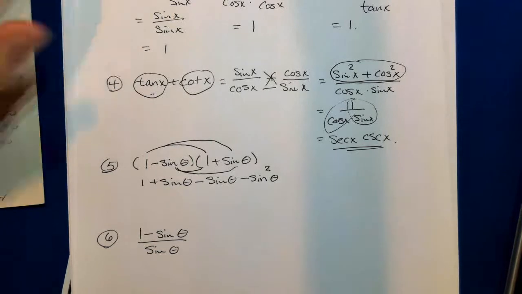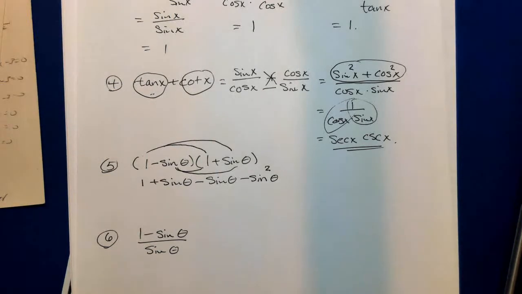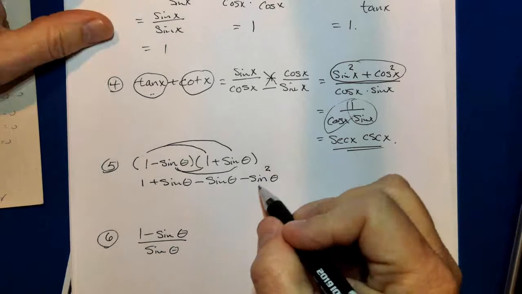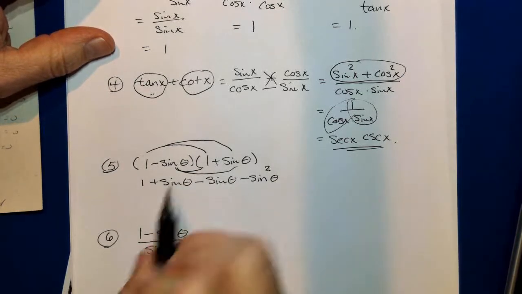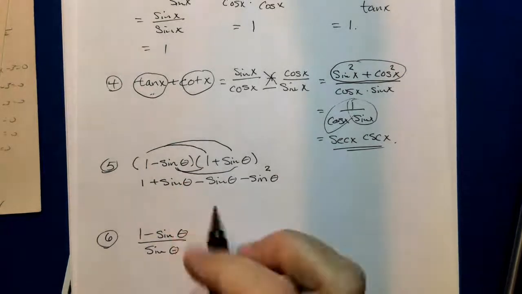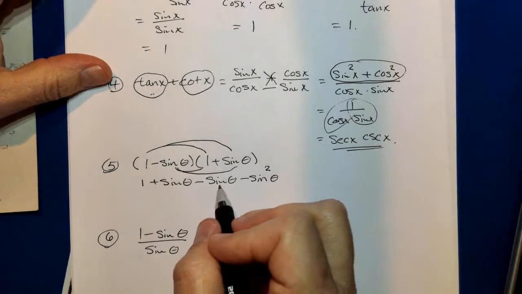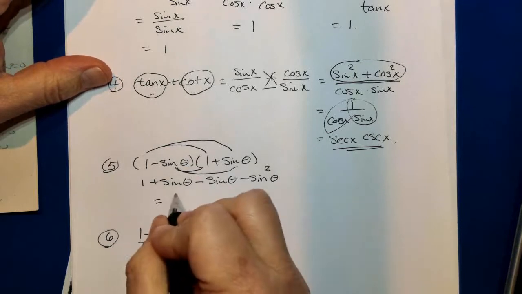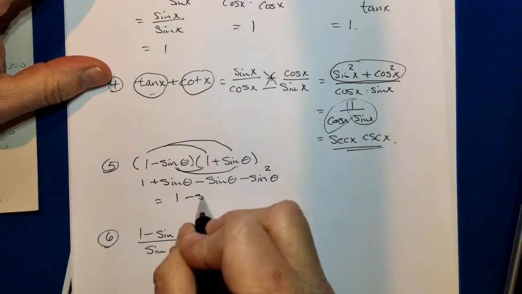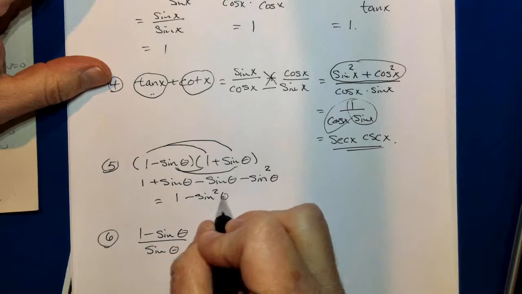Now notice, again, the squared goes where? It goes with the sine. Positive sine, negative sine, add them together, they equal nothing. So this simplifies to 1 minus sine squared theta.